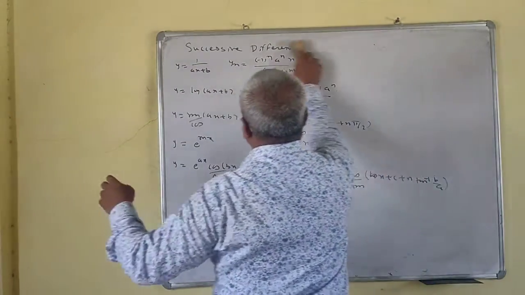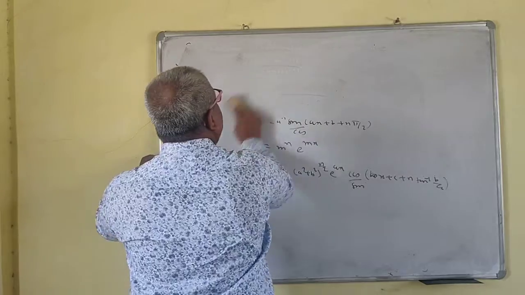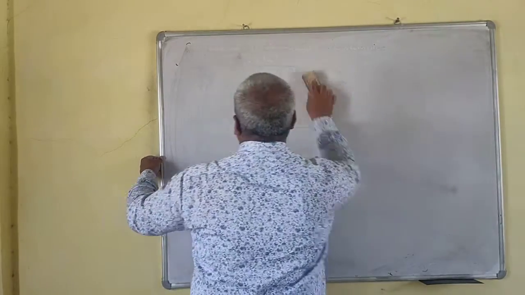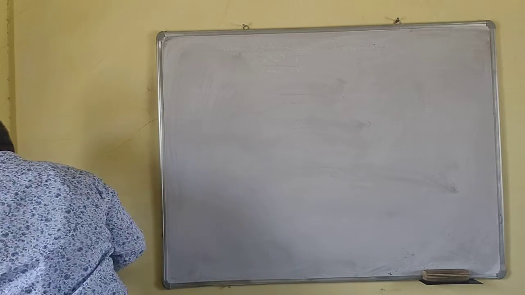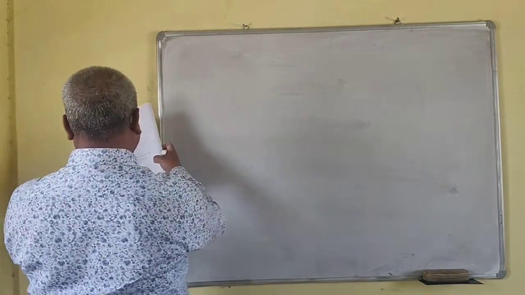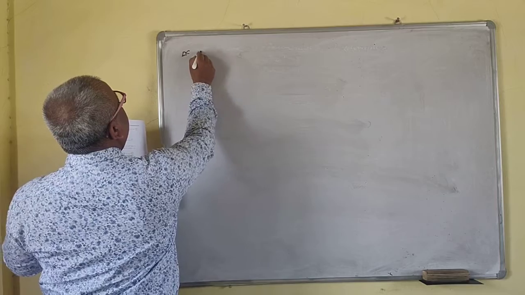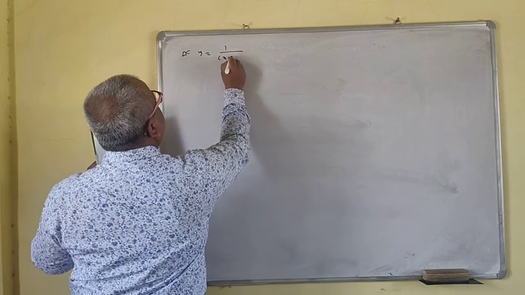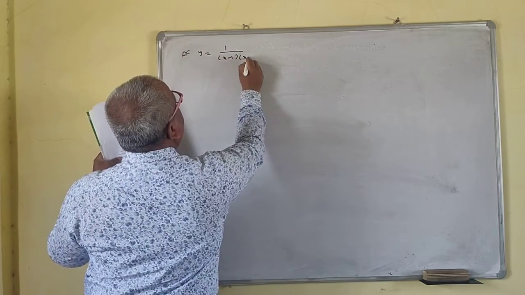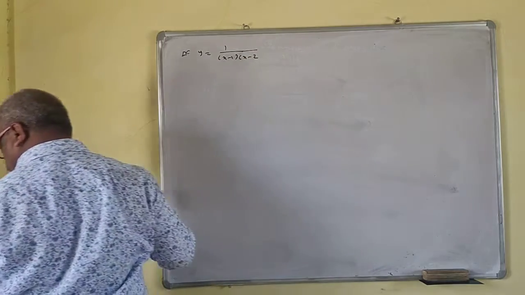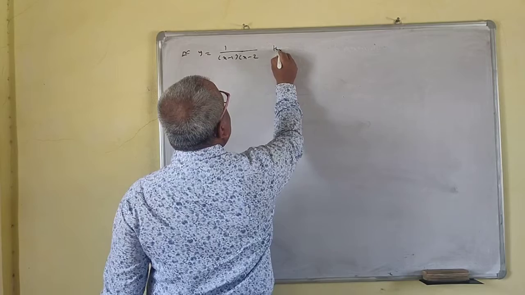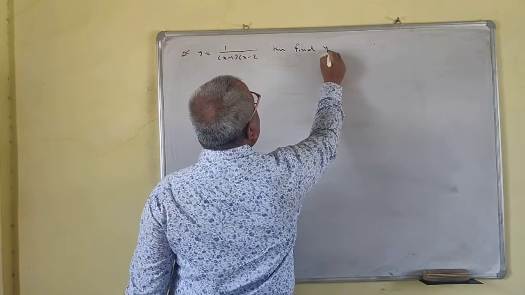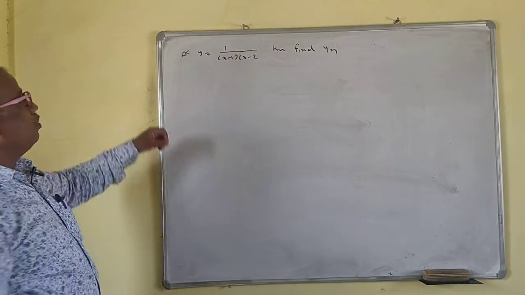We'll see problems on it. If y is equal to 1 upon x minus 1, x minus 2, find yn.